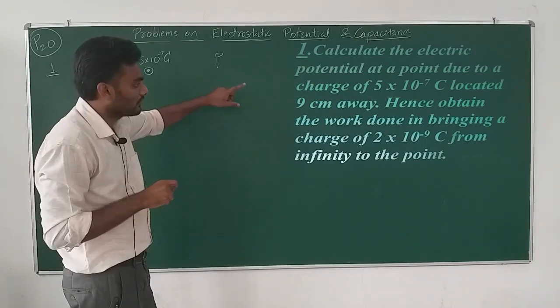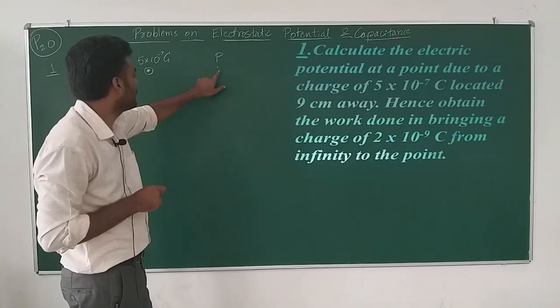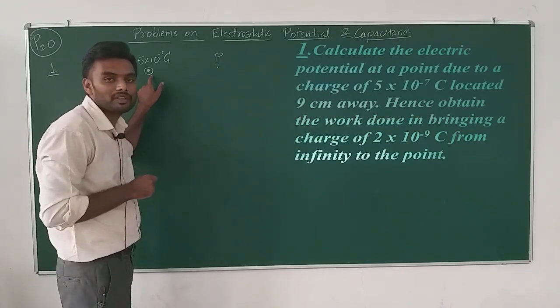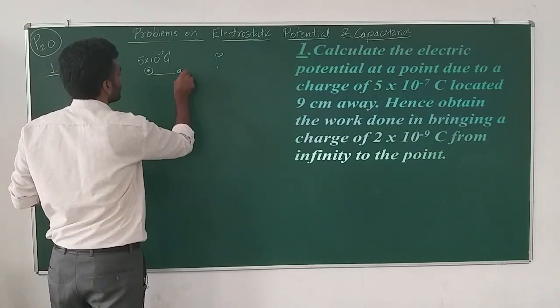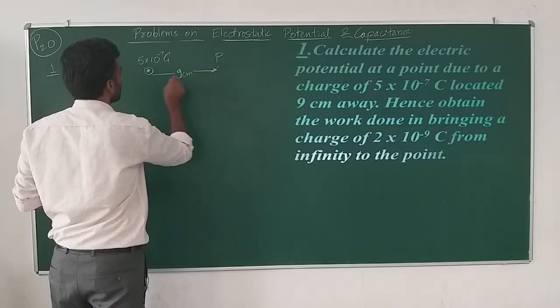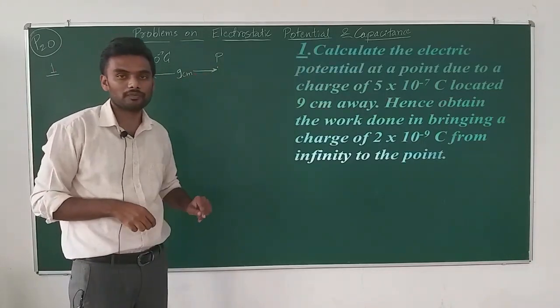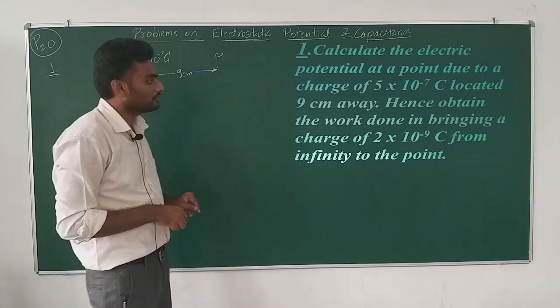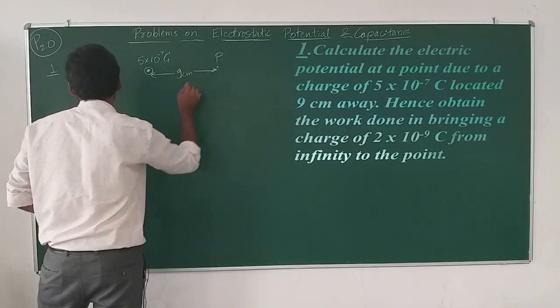The point is located 9 centimeter away from this charge. Okay, and now what we need is the potential at this point P.